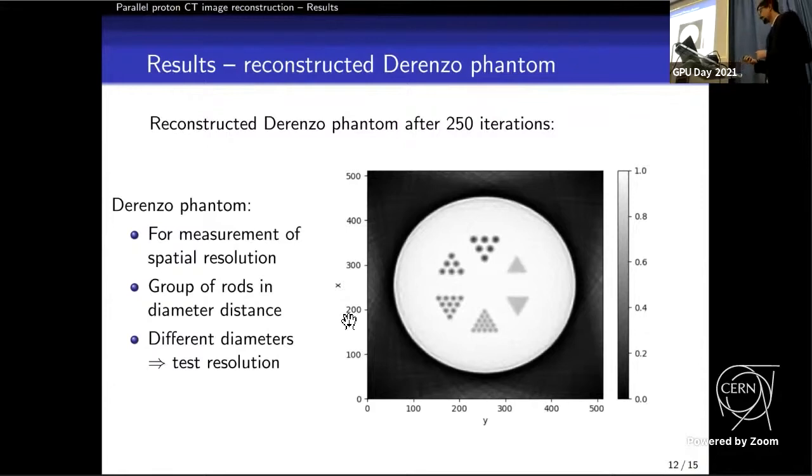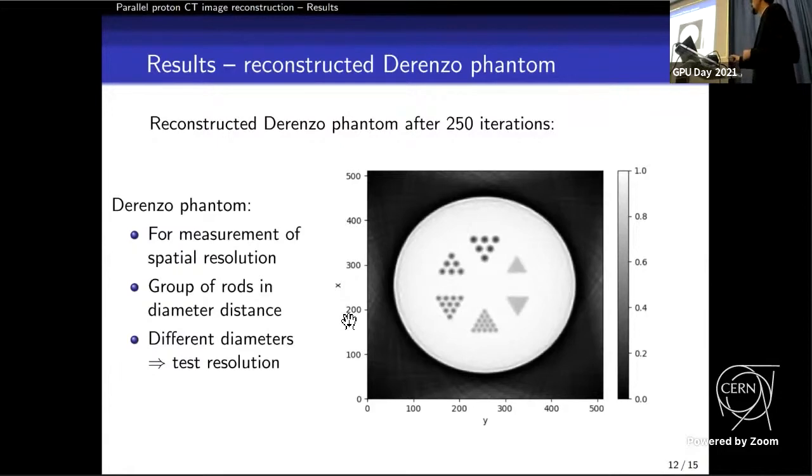The evaluation of this phantom is quite complicated, but a simple method is to just look into the phantom and decide in which group we can see the rods and in which group not.